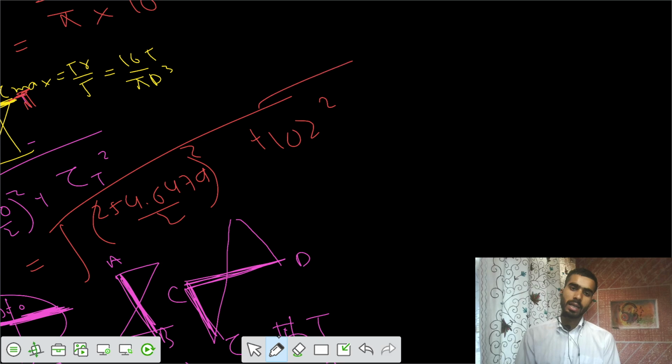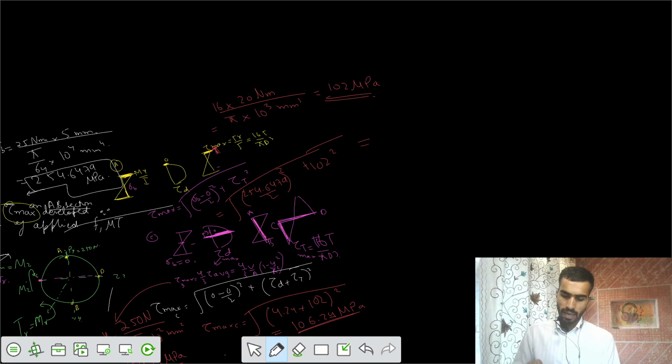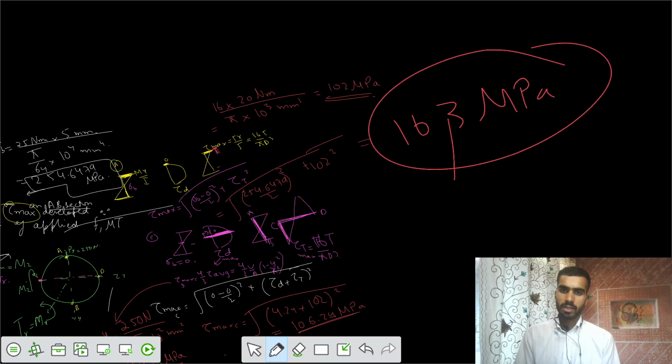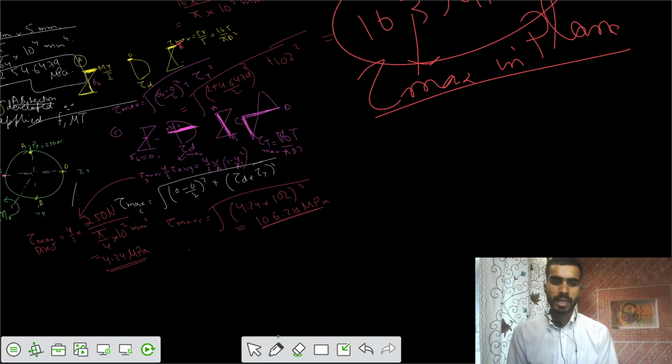Clearly we can say that shear stress at A is more, that's very much. So that equals 163 megapascal, and this value is tau max in plane. This is your maximum stress in plane. So tau at A is maximum as compared to tau max at C. So this is your final answer.